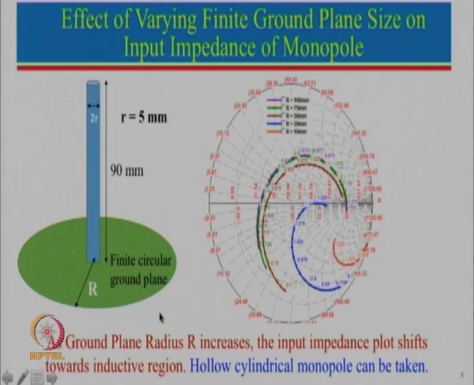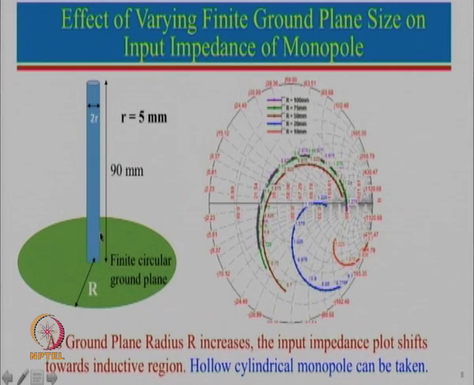For infinite it will be very large, but for a radius less than lambda by 4, you can use that approximation. Now when we keep on reducing it, assume that it is close to 0 ground plane size, then this whole thing can be thought of as an end fed dipole antenna.